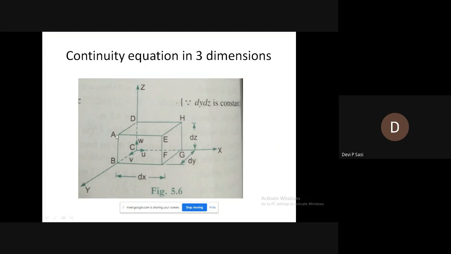The mass of fluid entering the phase ABCD per second can be written as equal to rho into velocity in x direction into area of ABCD.